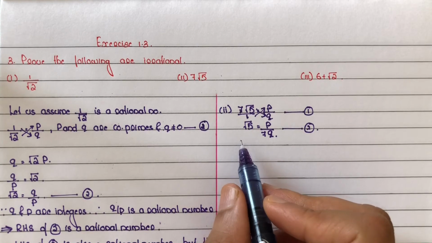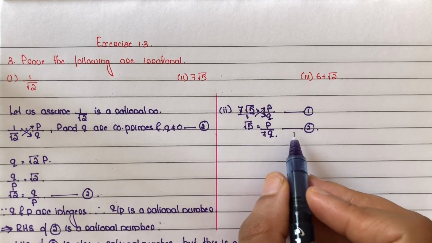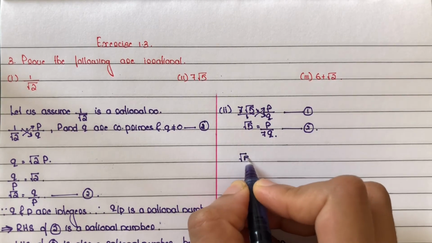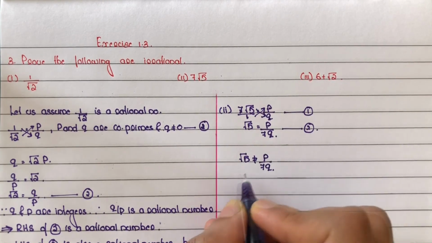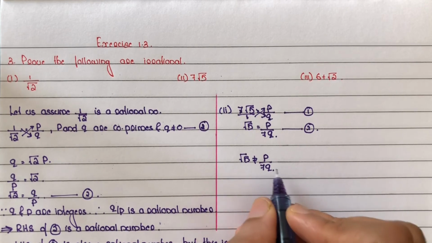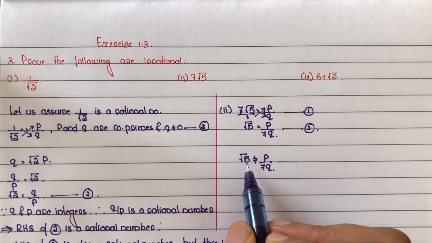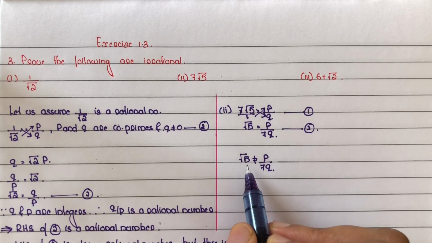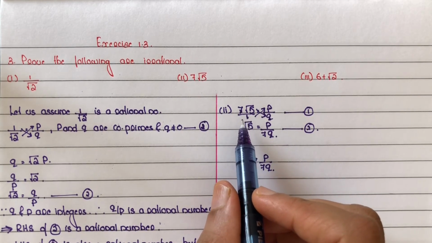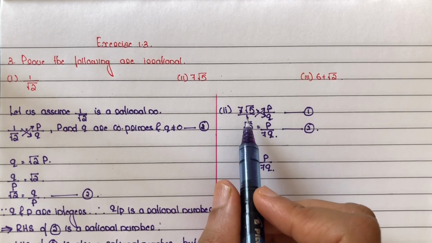That means our equation number 2 contradicts, that is, √5 is not equal to p by 7q, because the LHS of this equation is an irrational number and the RHS is a rational number. So this contradicts our assumption that 7√5 is a rational number. Hence we can conclude that 7√5 is an irrational number.